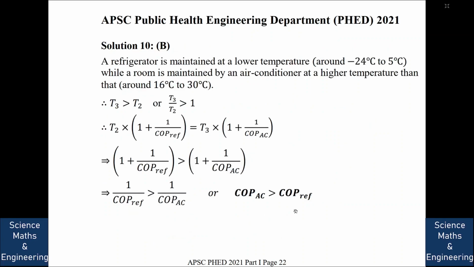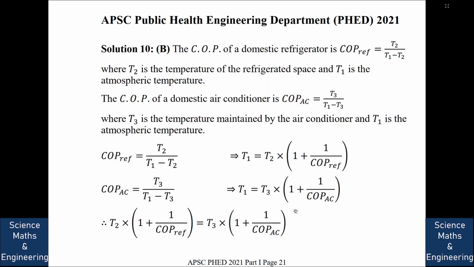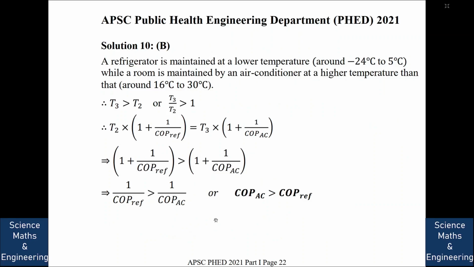So from this equation, T3 is maintained at a greater temperature, meaning AC we use at higher temperatures, whereas T2 is in the refrigerator space, so it is around minus 5 degree to minus 24 degree.